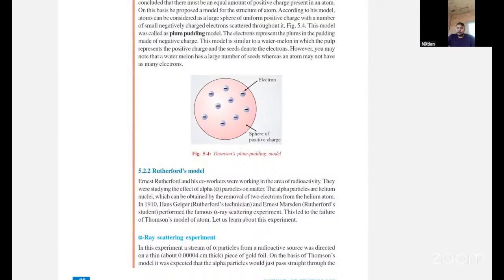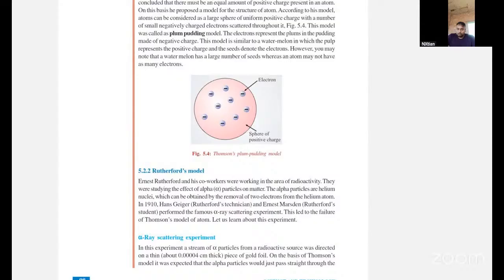He did experiments and then he gave some conclusions. That is called the Rutherford model. The watermelon model or the plum pudding model are just hypothetical. It means they are not giving the perfect answer. Are you getting this? Say yes or no.